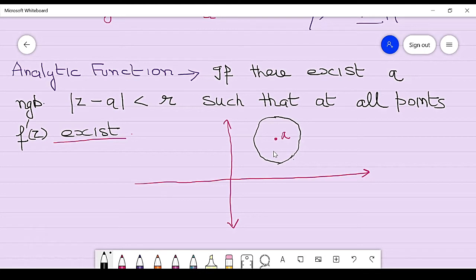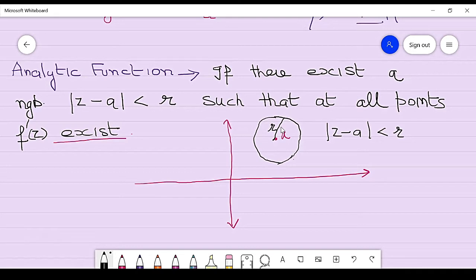Then the function is analytic at point a. That is the difference between these two definitions. Differentiable at a means the derivative exists at the red point, but analytic means differentiable at every point in its neighborhood, the set |z minus a| less than r, where r is the radius.